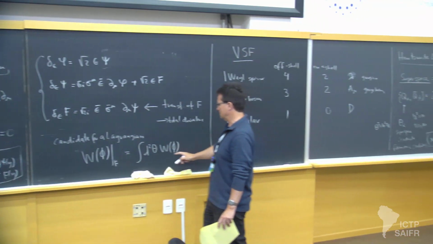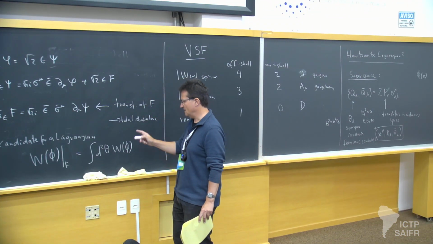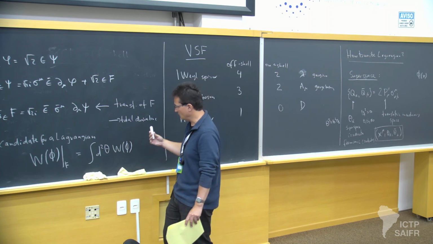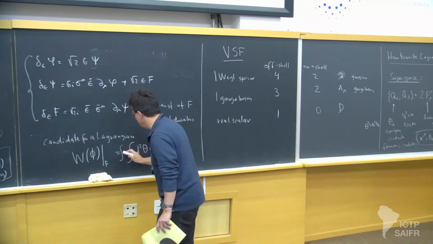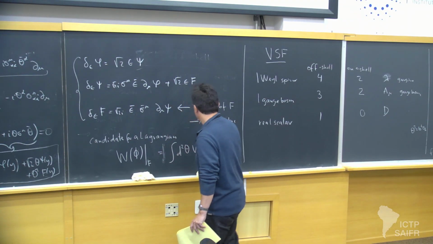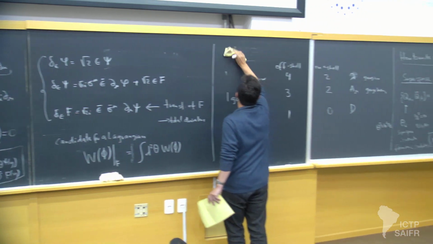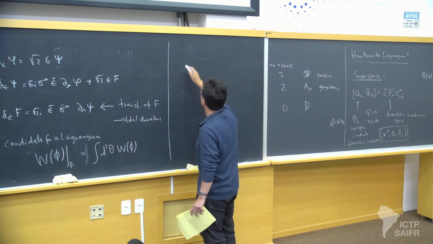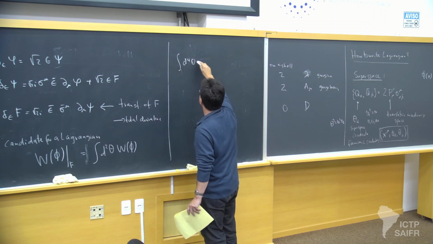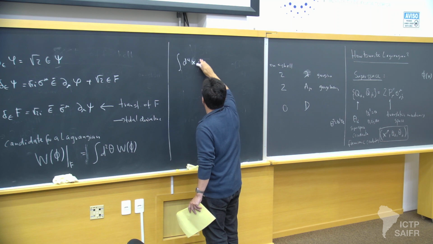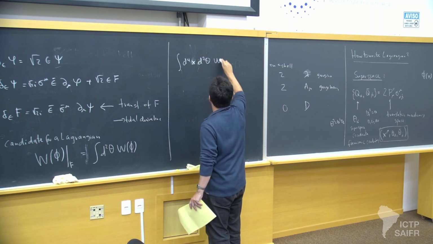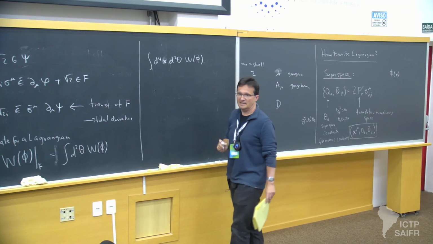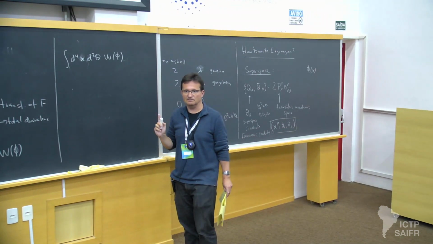Okay. So this term, again, is going to be something that is invariant, that is a total derivative under supersymmetry transformation. So if I now take an integral d4x of this arbitrary expression, integral d4x d2 theta of an arbitrary function of these chiral superfields, this is a candidate for the action.